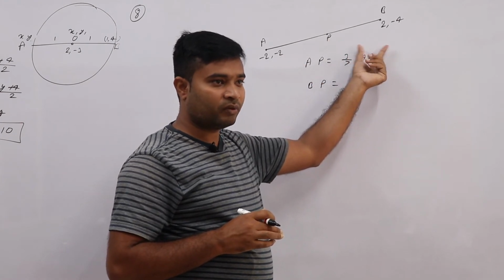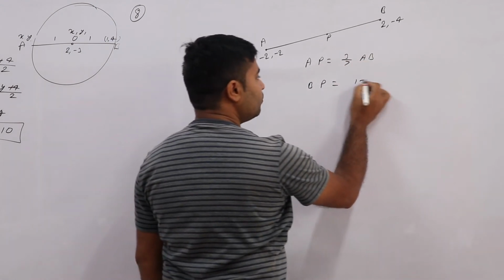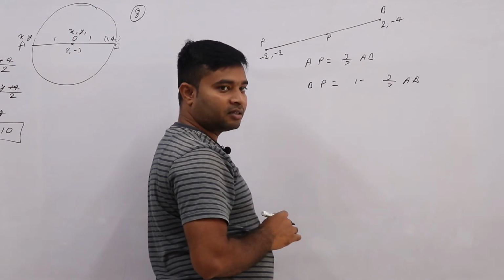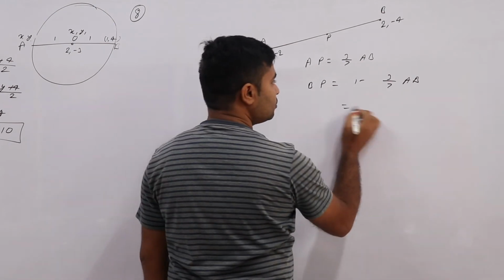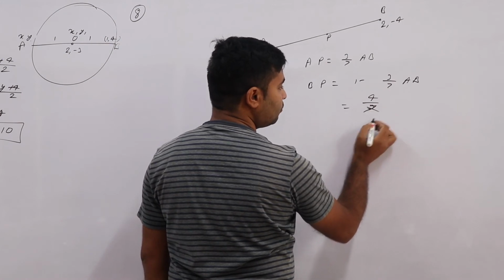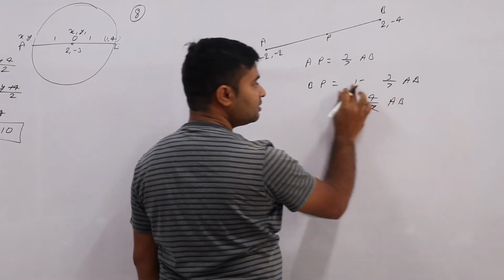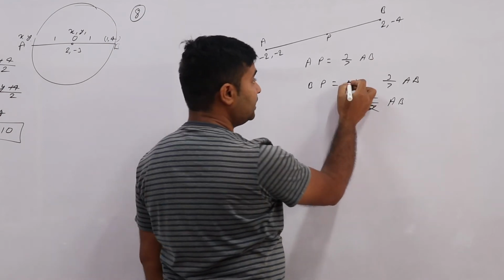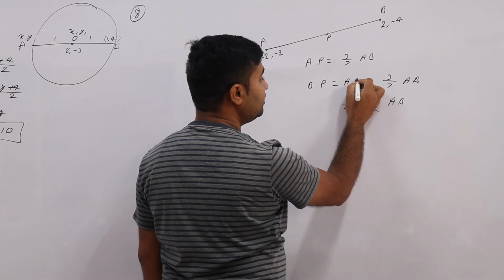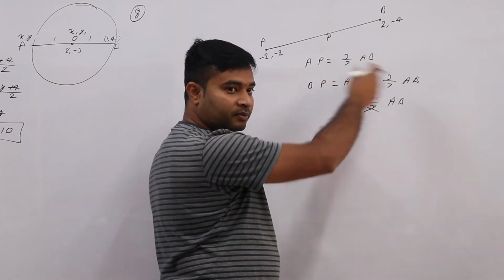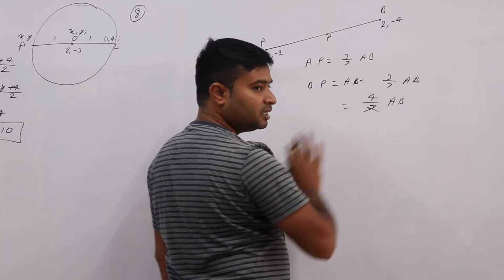So here BP is equal to 1 minus 3 by 7 AB, so 4 by 7 AB. We have taken 7. Or instead, write AB only: AB minus 3 by 7 AB, total minus this one subtracted, so we get 4 by 7 AB.